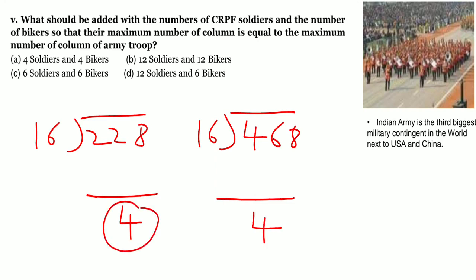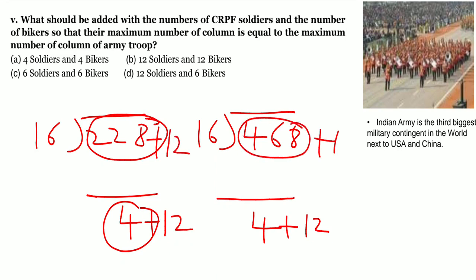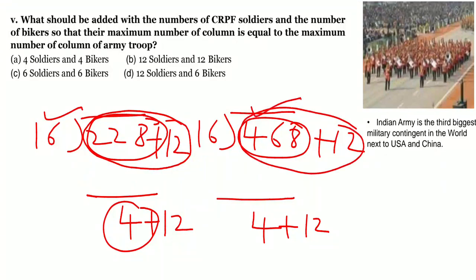If I want to add a number, to get 16 I will add 12 here, and here also I will add 12. So that the whole number will be divisible by 16, and the same here. It means that we need to add 12 soldiers and 12 bikers. So once again option B is the correct one, right?